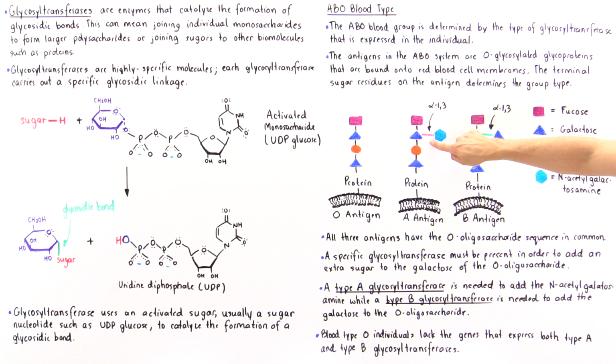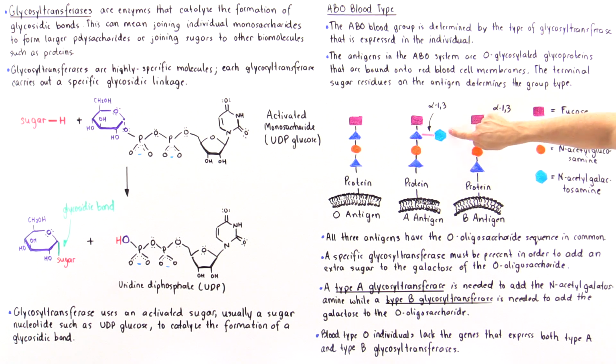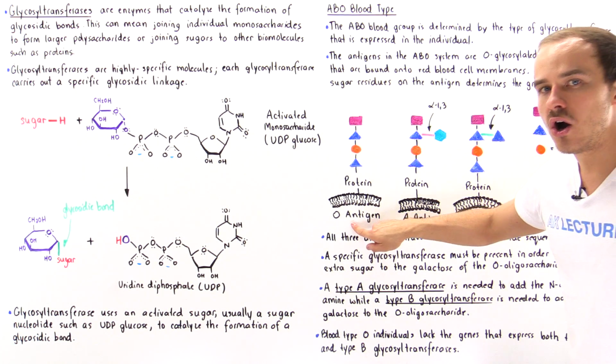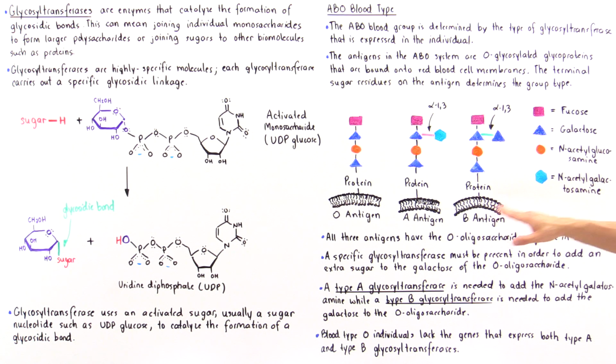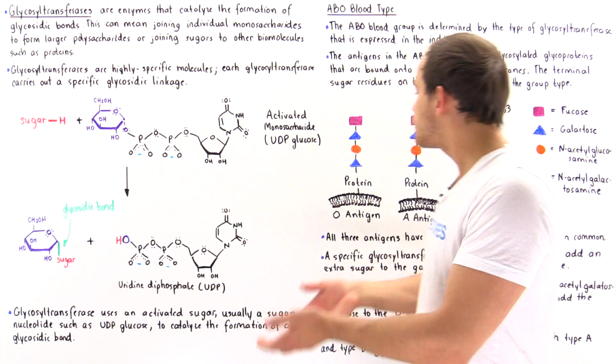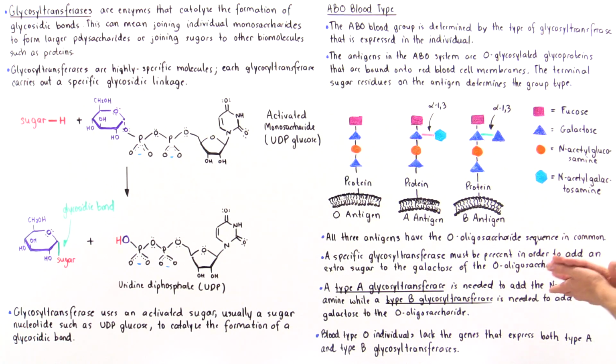So if we have this type of linkage and this type of additional sugar, that's the A. If we have this one, that's the B. If we have neither, then it's the O. So we see that all three antigens have the O-oligosaccharide sequence in common.